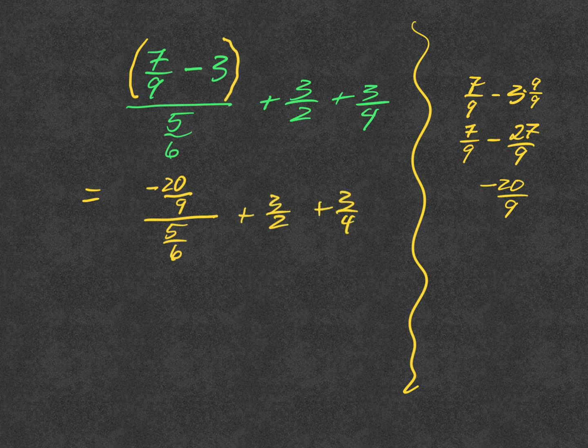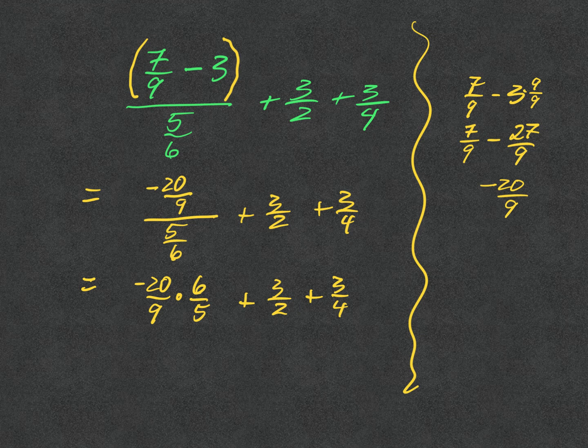Okay. Now I have a division, fraction divided by a fraction, plus, plus. So I'm going to rewrite that division as multiplication, because that's what I do with fractions, times the reciprocal of the bottom, which is 6/5, plus 3/2, plus 3/4.